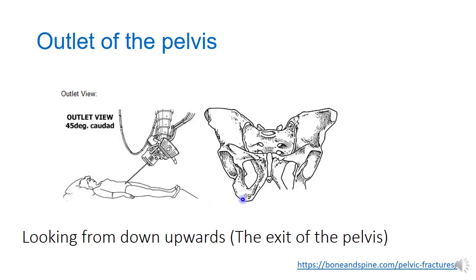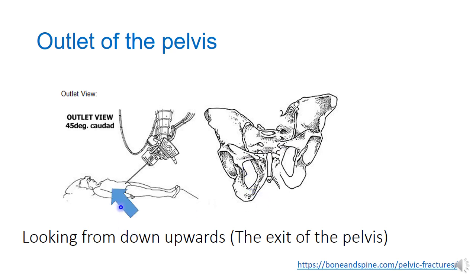Vice versa, if we see the patient pelvis viewing from the patient leg and we aim towards the patient head, we see the exit of the pelvis, which is the pelvic outlet. In this view, again, we'll see the displacement of the pelvis after fracture in the superior direction.